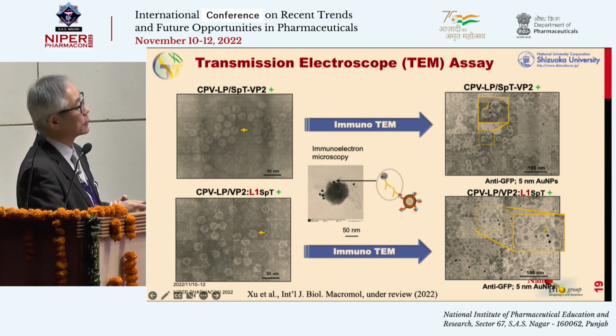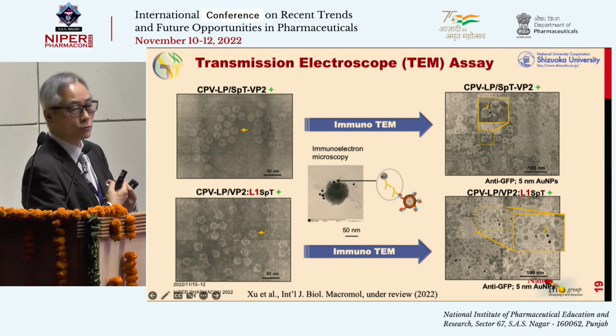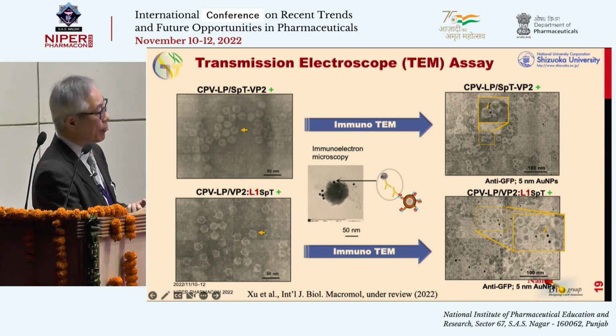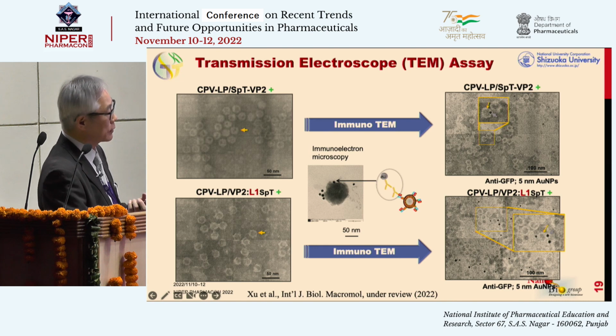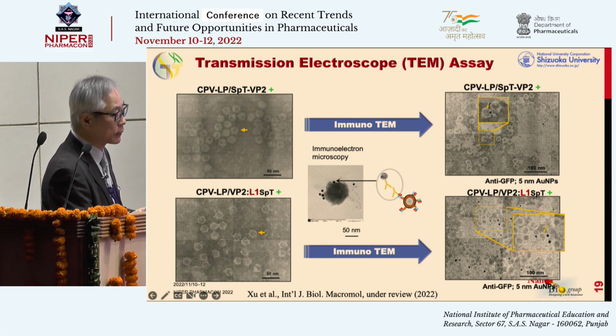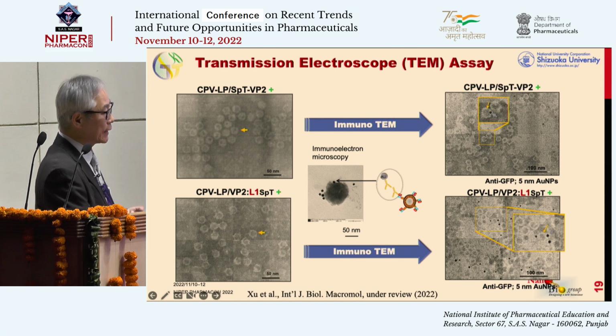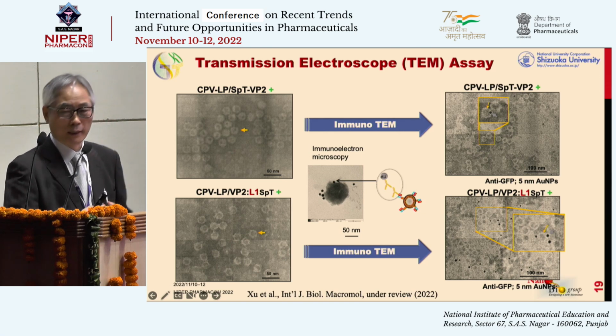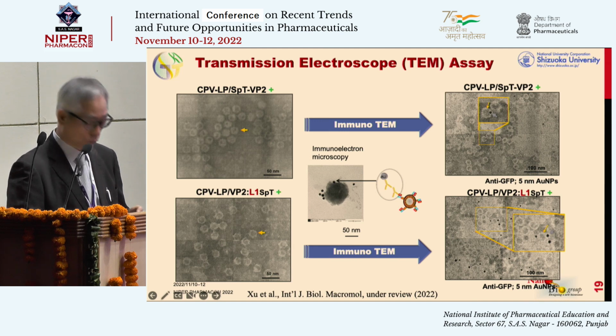It means this VLP did not display much EGFP. In this system, the loop 1 site where we inserted SpyTag, many golden nanoparticle spots are shown around the VLP. Therefore, we think this system is more efficient for display of functional protein.